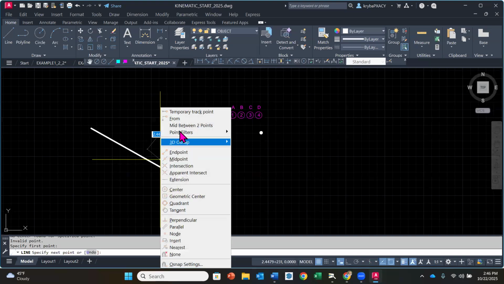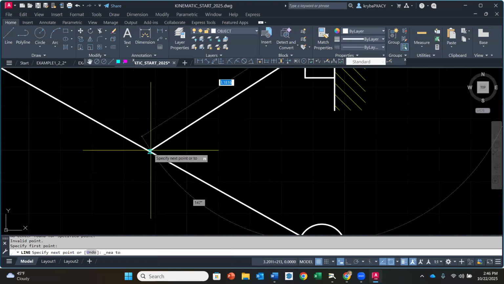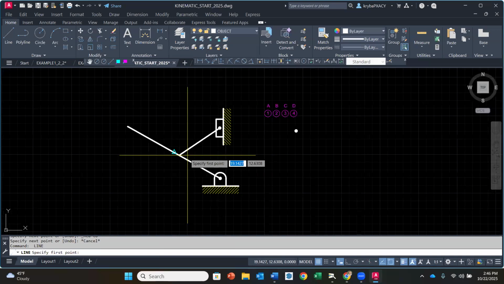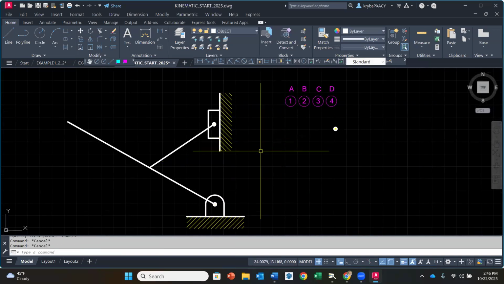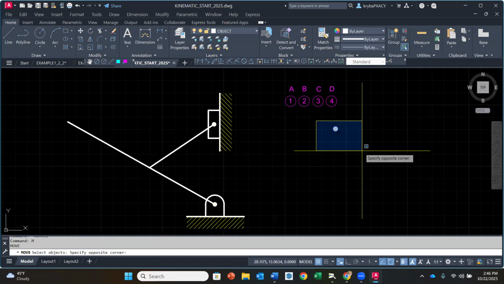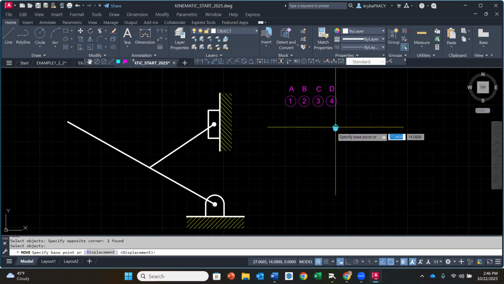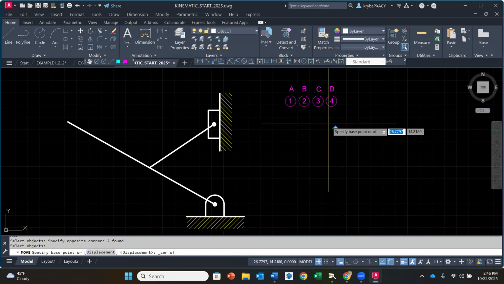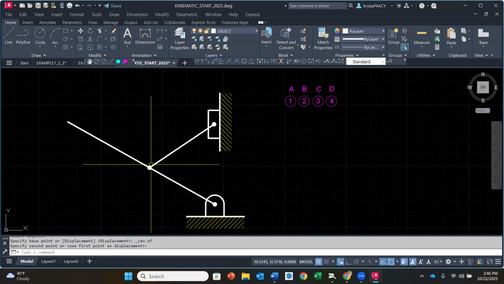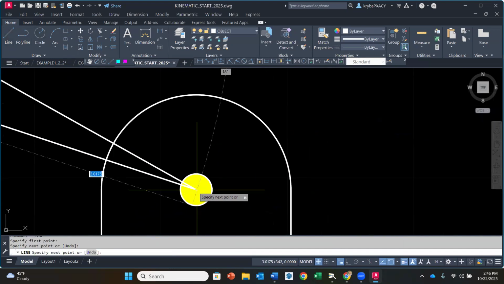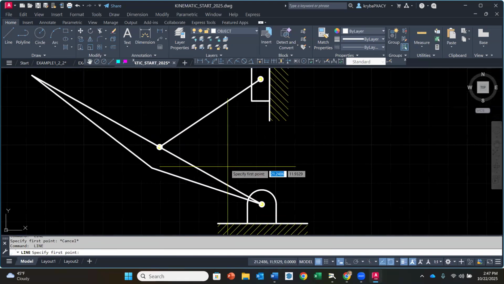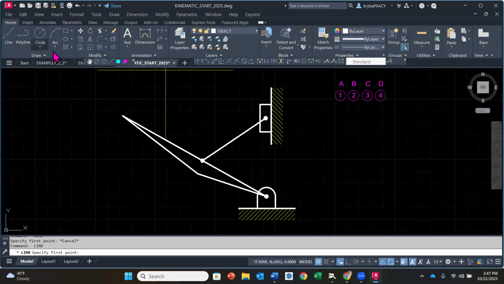And I'm going to go nearest. There-ish. And then I can add my pin. From the center to the endpoint. Then I need to add that little bit of thickness. So there. And then add my labels.